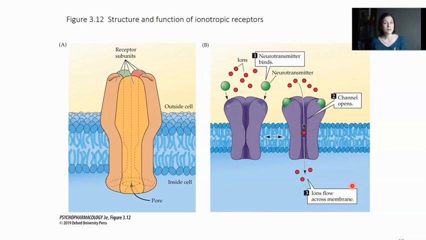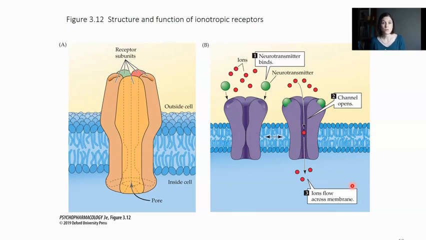These ionotropic receptors can have a variety of different properties, which will be determined by the conformation and the properties of the proteins and the subunits that make them up. So they can have different permeability to different ions. Some ionotropic receptors only pass sodium, for example, like the nicotinic acetylcholine receptor.